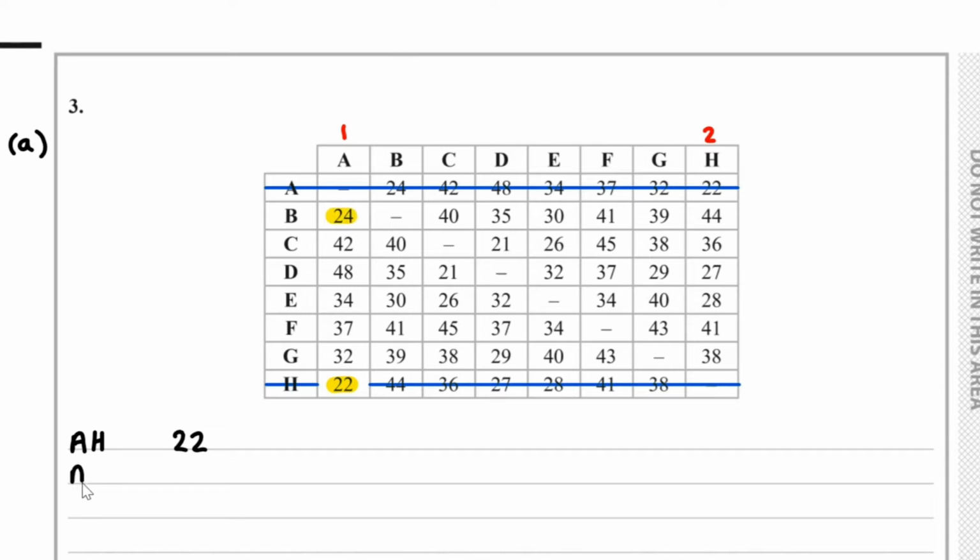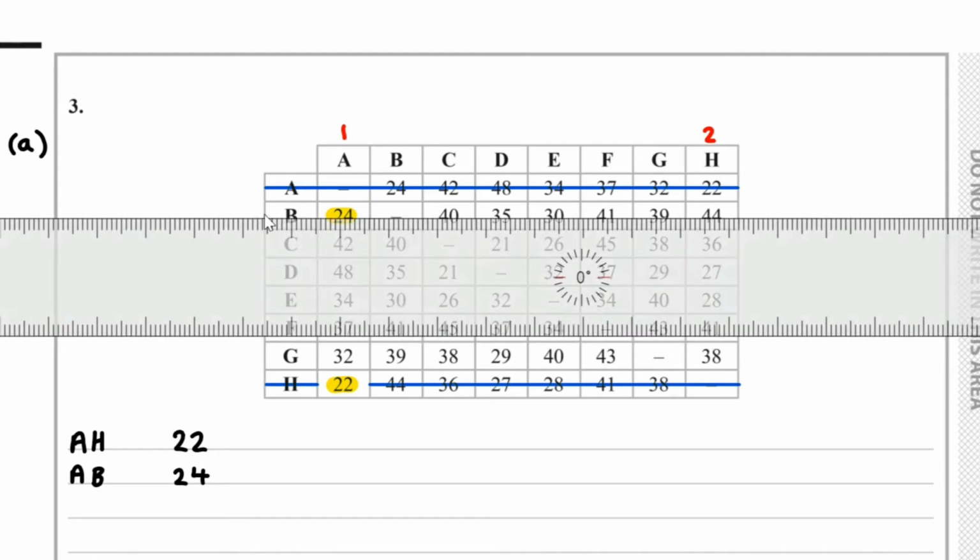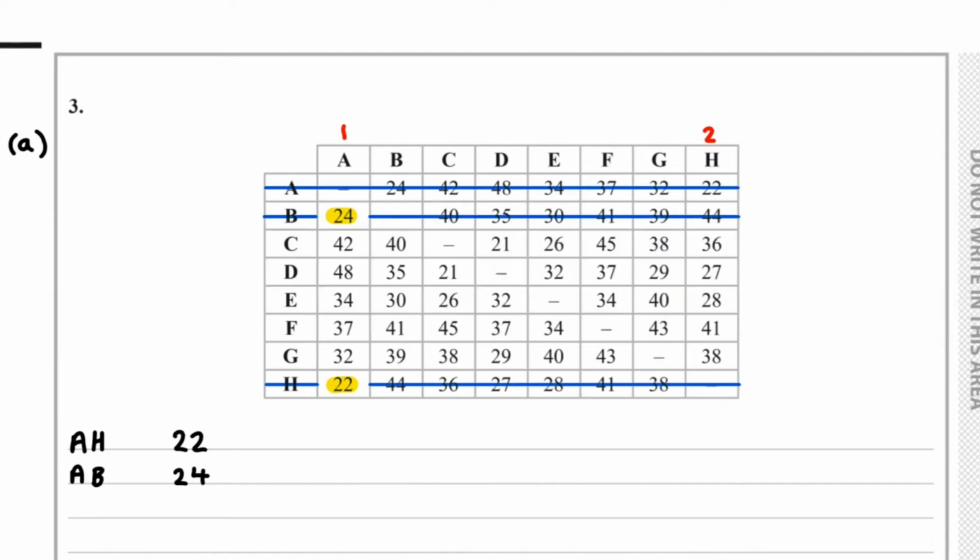So we have A, B with a weight of 24. We now delete row B and then write a number 3 above column B.